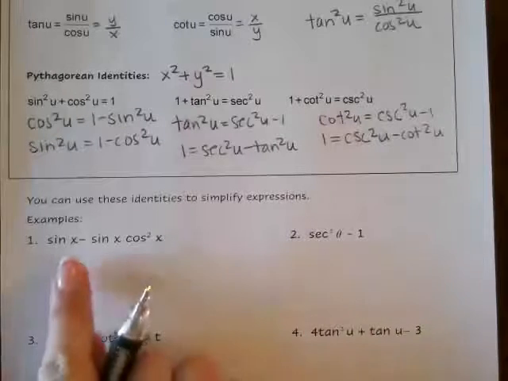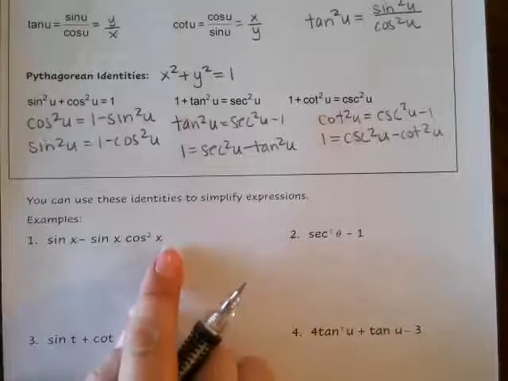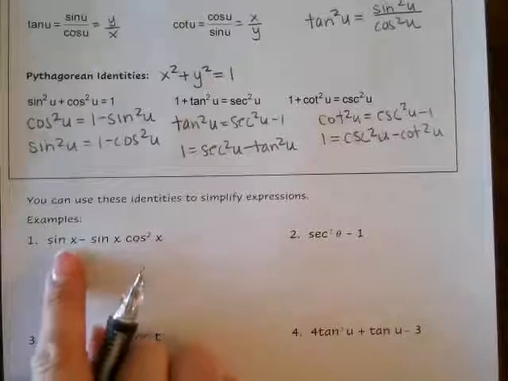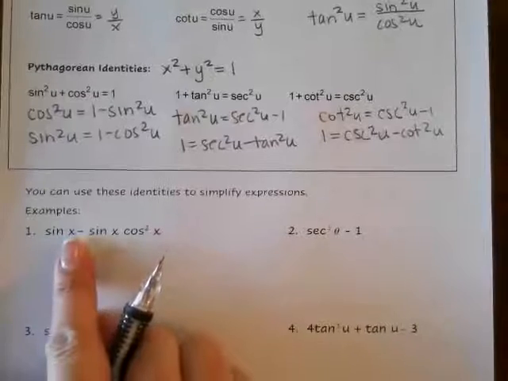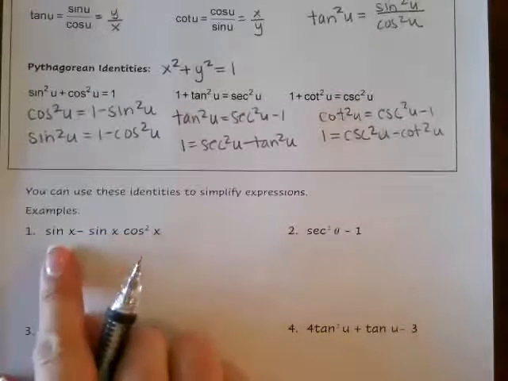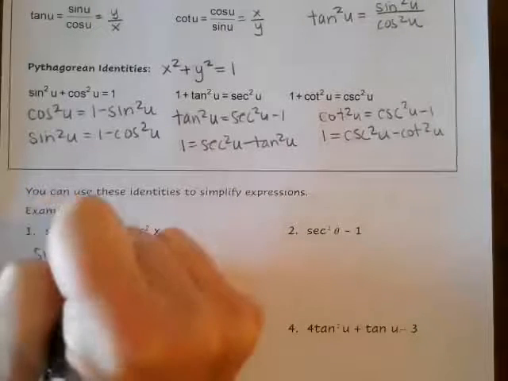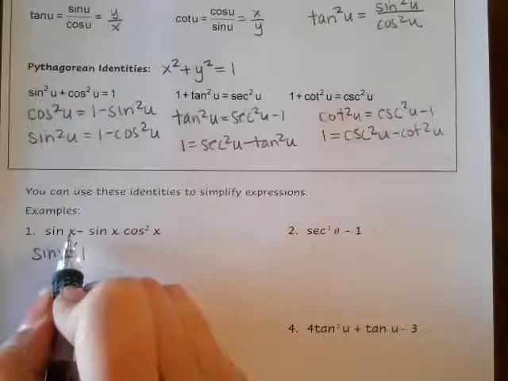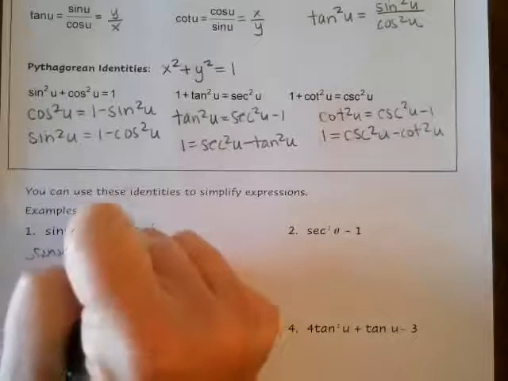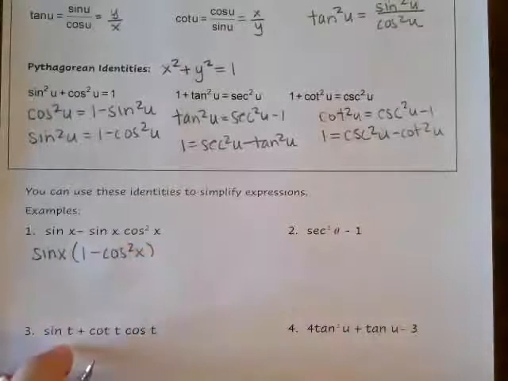All right, so we're going to start to identify some of these identities and use them to simplify. So this one that we've got here, sine of x minus sine of x times cosine squared of x. The first thing we would want to do is factor. So we had you practice that factoring so that you were ready for this. We've got a sine of x on both of these, so we can factor out a sine x. And so sine of x times 1 gives me the sine of x, and sine of x times the negative cosine squared of x gives me the second term.